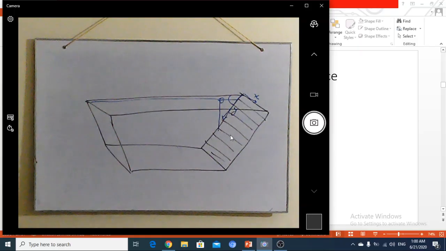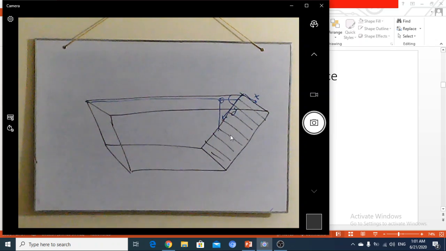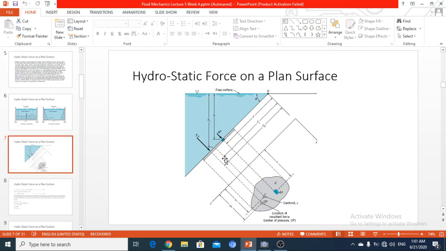There is a point at which the centroid of this rectangular surface lies, so from the origin to that centroid point I denote that point as xc, which you can see represented here, and the point at which we don't know where it is, where the resultant force is exactly applied, we denote that distance from the origin in the x dimension as xr.